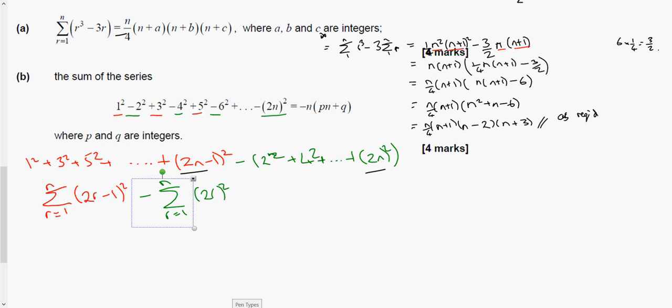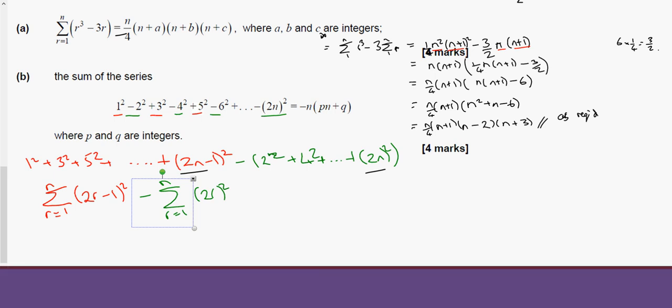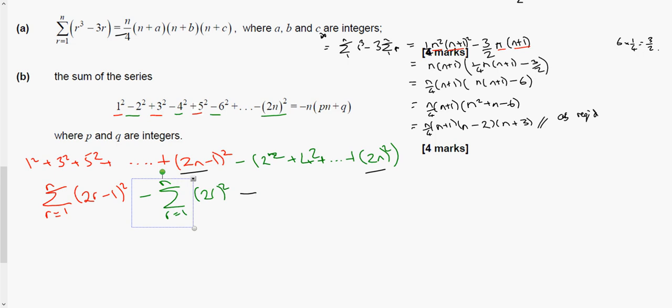That shows us the pattern. Right, so once I've done that, it's actually easiest to simplify that before you apply some formulae. So now we're kind of thinking backwards. Instead of expanding it, we want to rewrite it as one sum. So that's 2r minus 1 squared minus 2r squared, so that's the sum from 1 to n.